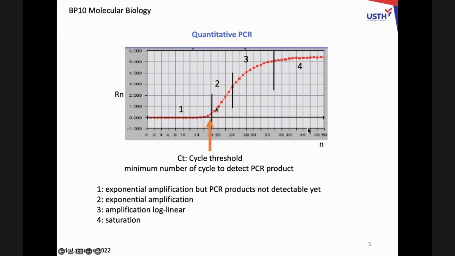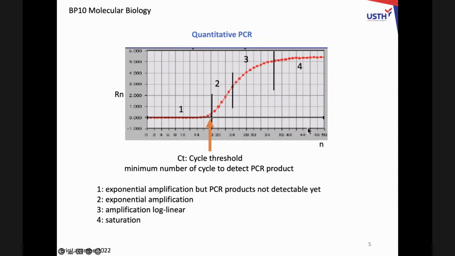The second point, which is important, I talk a lot about it, but you will understand. This so-called CT point is a number of cycles. It can be cycle number 10, number 11, or whatever.